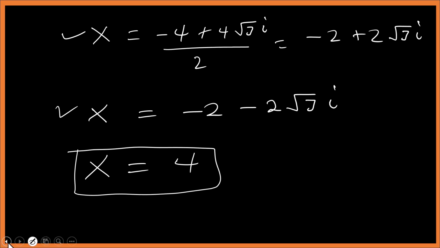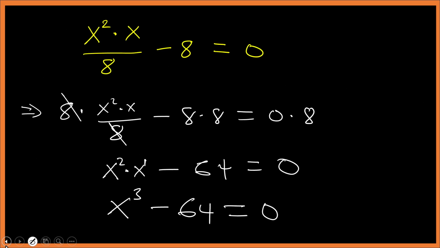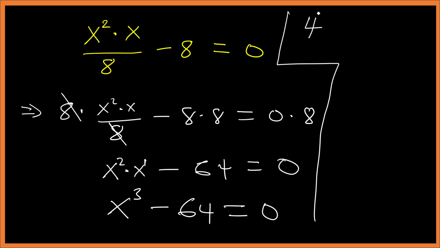So let's verify from the question. Okay, so we have x equals 4. So let's plug in 4 and see. So this side will be 4 squared times 4 on 8 minus 8 equal to 0.